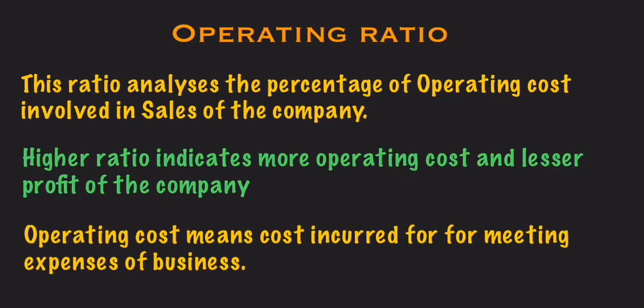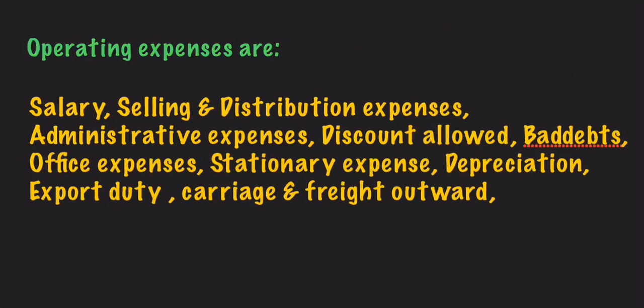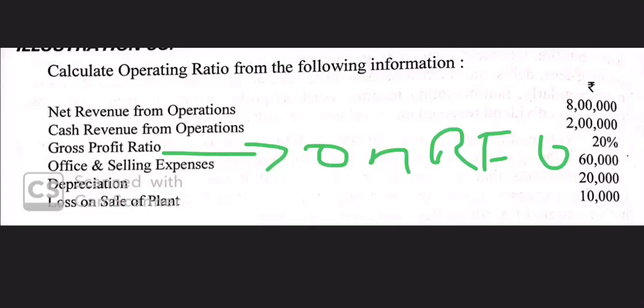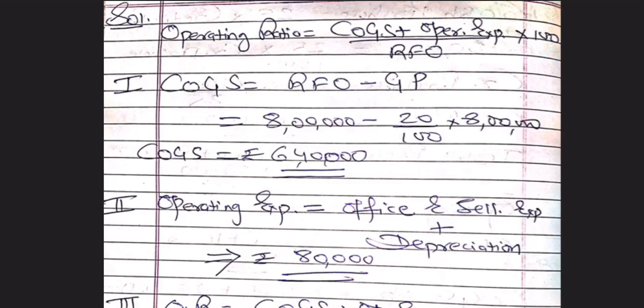Now first, according to the formula, the thing we have to calculate is the operating ratio. The formula for operating ratio is cost of goods sold plus operating expenses upon RFO. Cost of goods sold and operating expenses together are called operating cost. So COGS is equal to RFO minus GP.